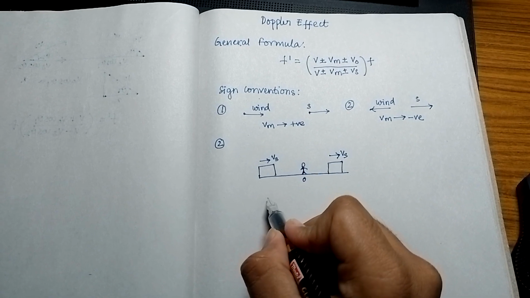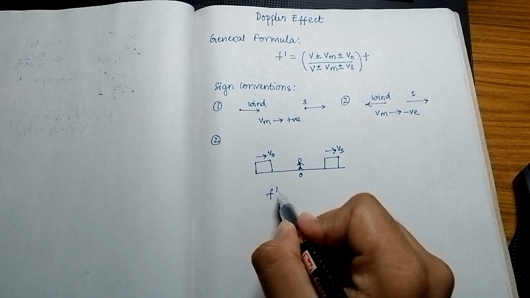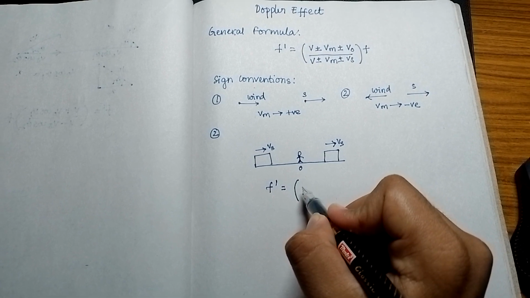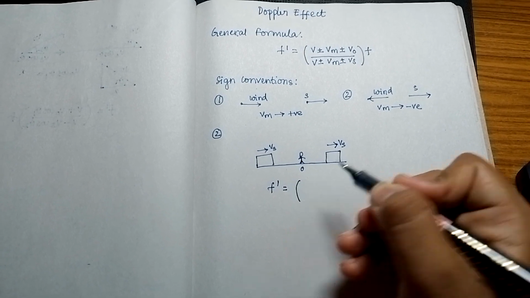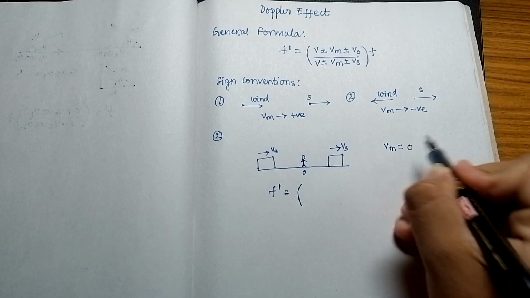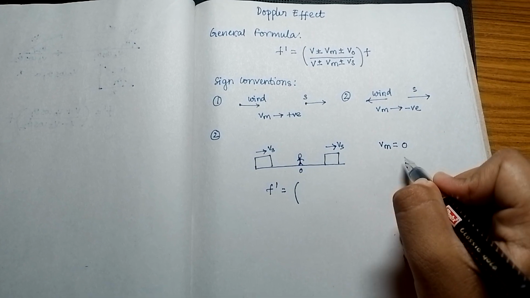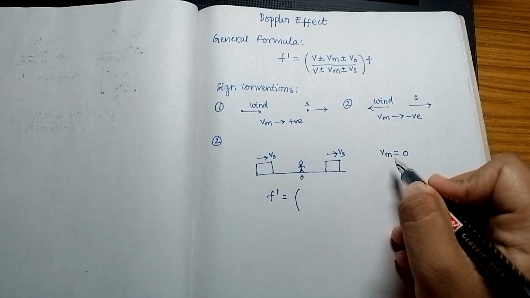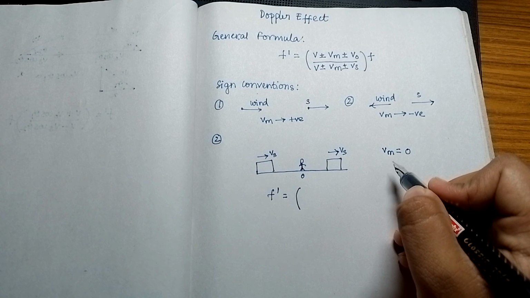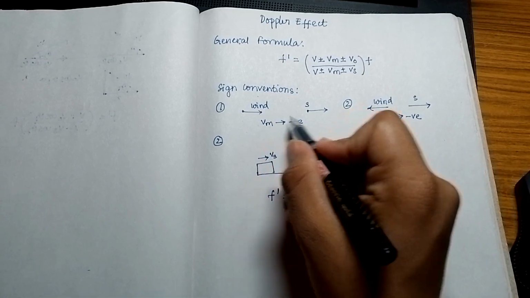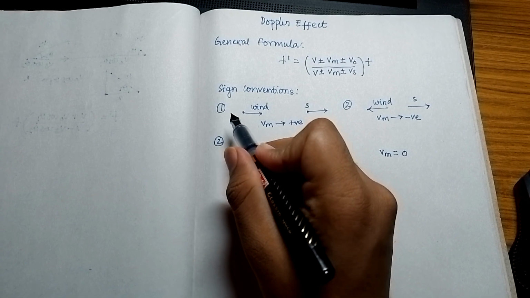According to the general formula, F dash equals... we will generally take the medium's velocity to be 0 in all the cases. If an exam gives that the medium's velocity is not 0, then you use the sign conventions given in the first rule.